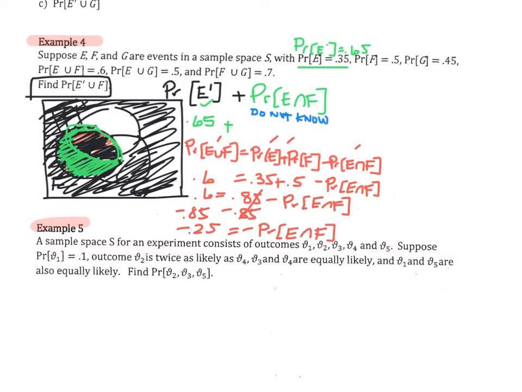So let's just pretend we're dividing both sides by -1, and we find our missing piece to be plain old 0.25. So I put that back up here in the beginning and I add, and my final answer is 90%.